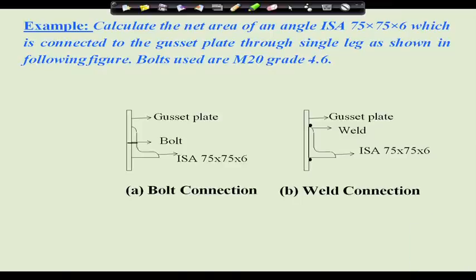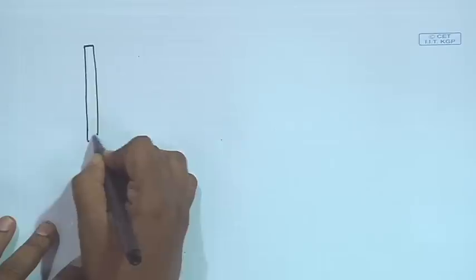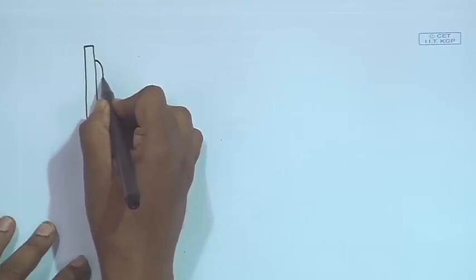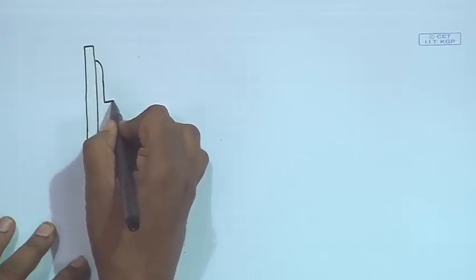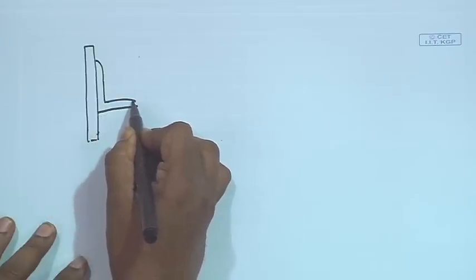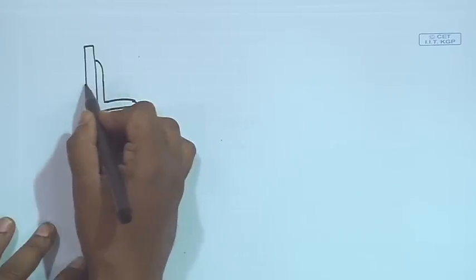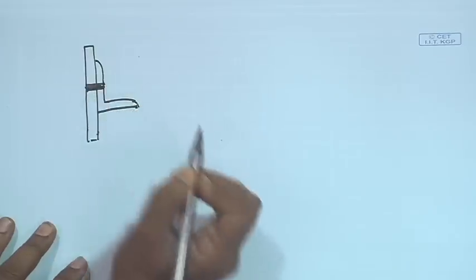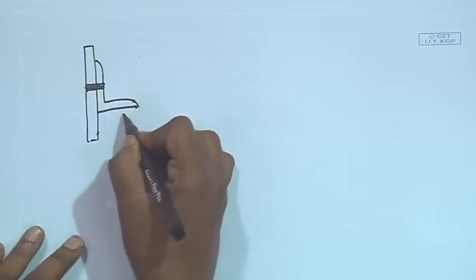To start with, in the first case we can consider that a gusset plate is connected with an angle section of ISA 75 by 75 by 6 with a bolt.